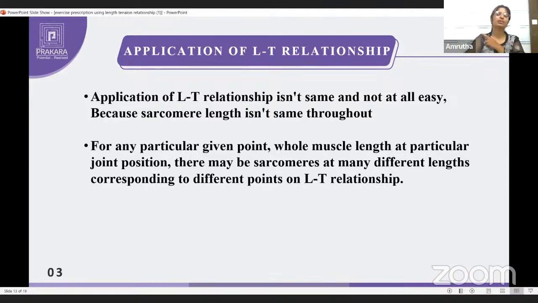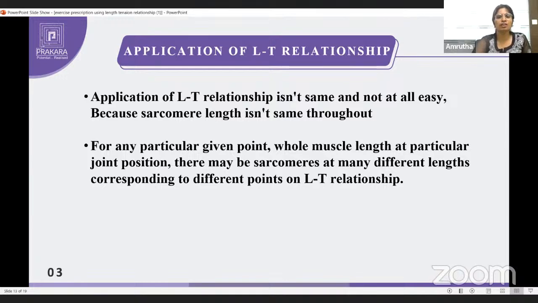No, the sarcomere here might be bigger comparatively to here. What does that mean? That means the optimal length of a sarcomere here is very much different than the optimal length of a sarcomere here. So if this and this are different, how can I apply it on a patient?